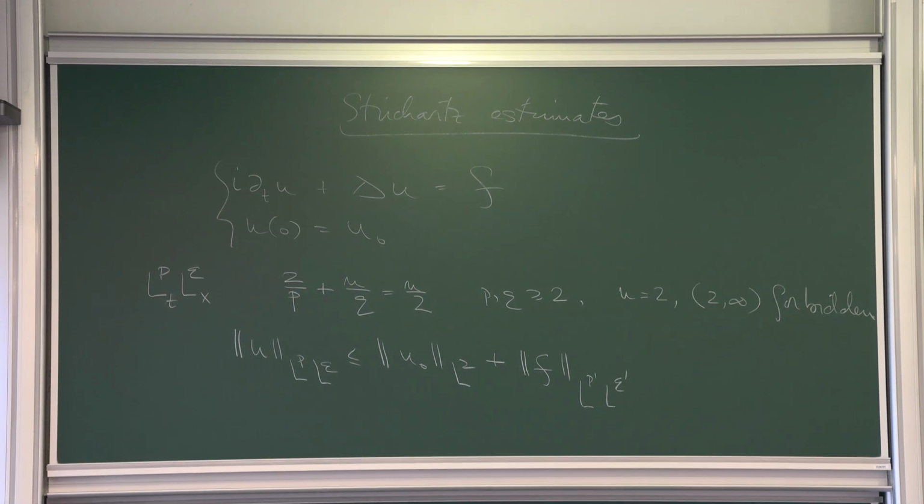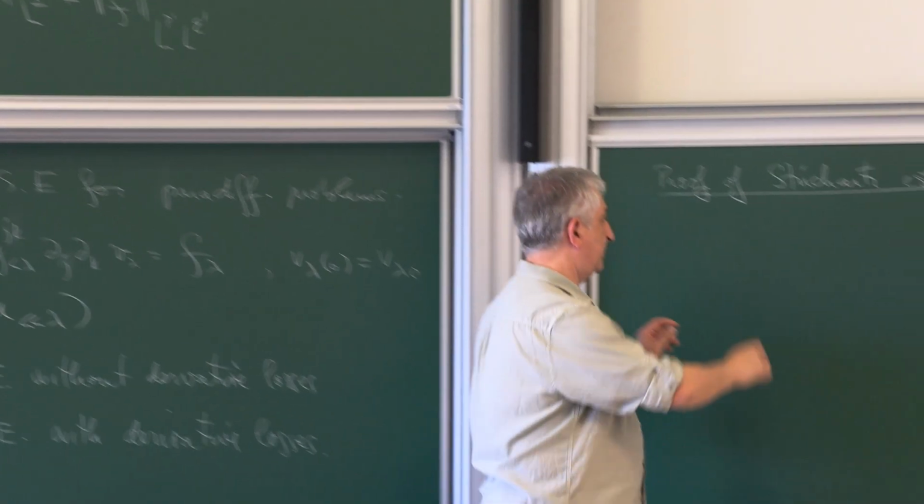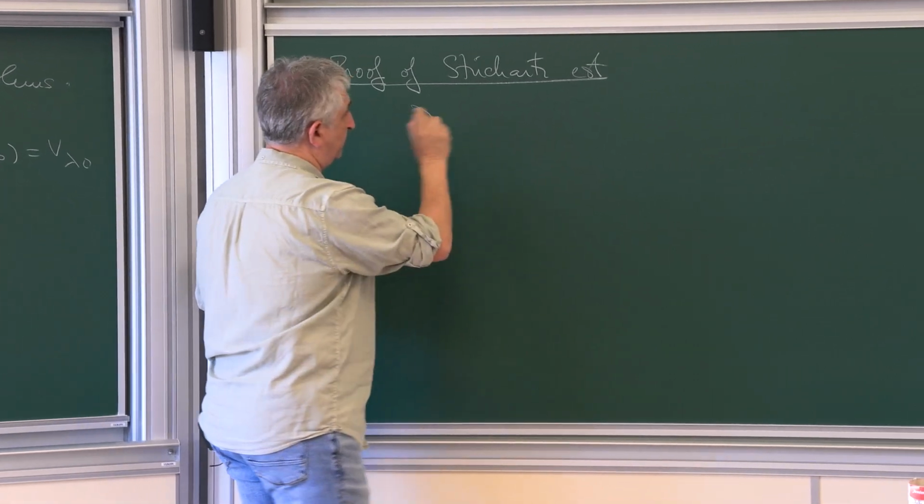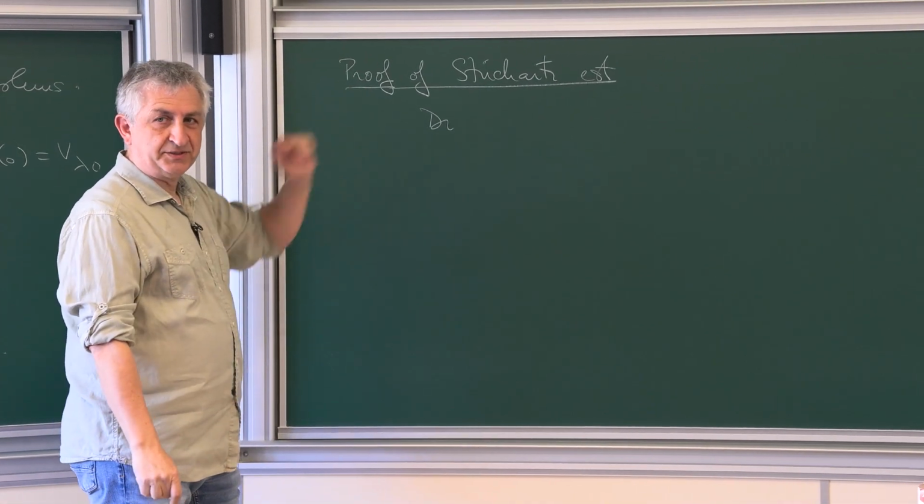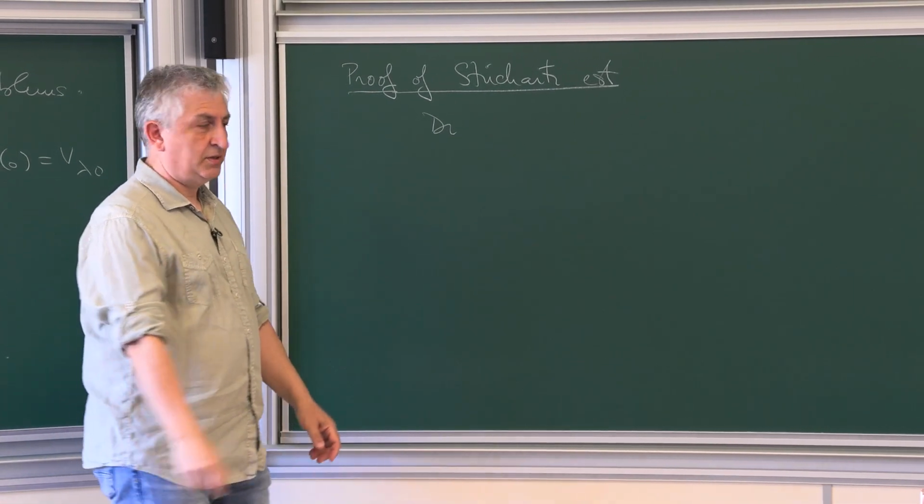And the key point in the proof is what we call a dispersive inequality. There's more than one way, by the way, to prove Strichartz estimates, but that's the way I choose to emphasize now.